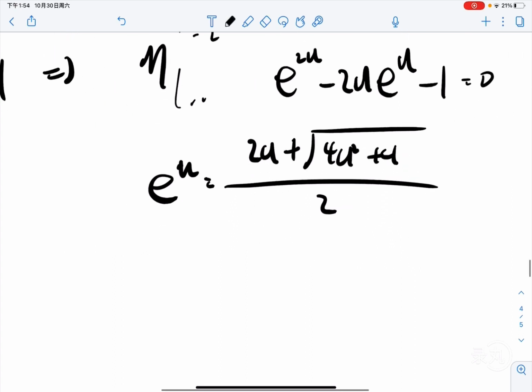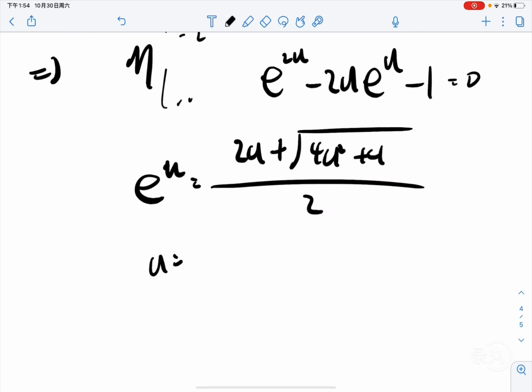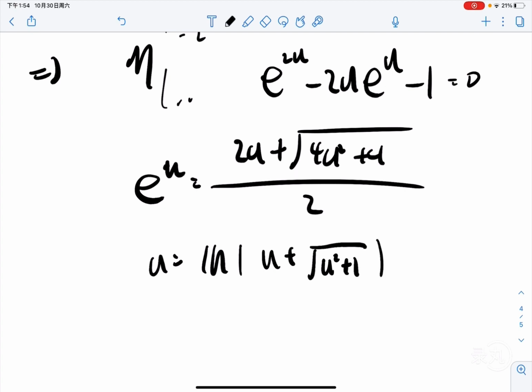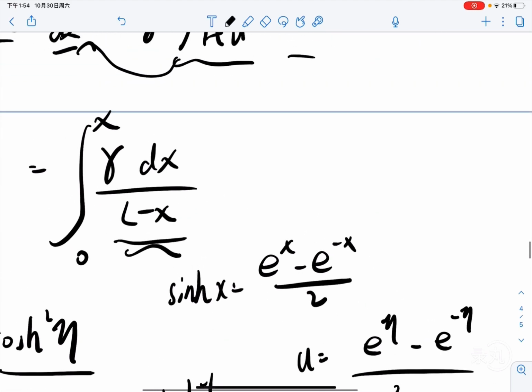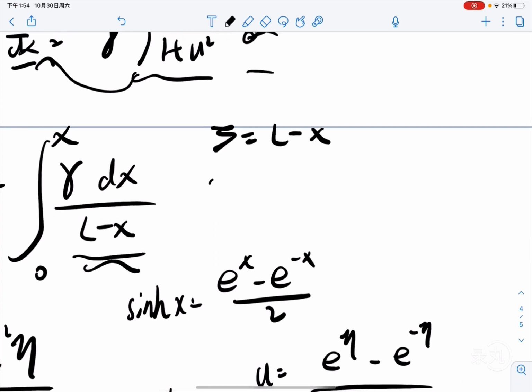And we have that eta is equal to ln of u plus the square root of u squared plus 1. Okay, now for this term, we can use u substitution, where this function is equal to L minus x, so d of this is equal to dx.